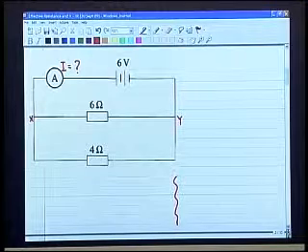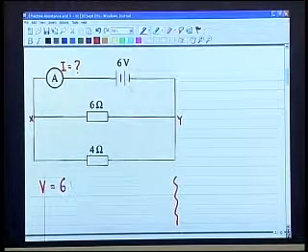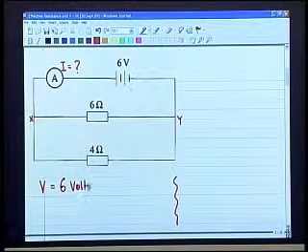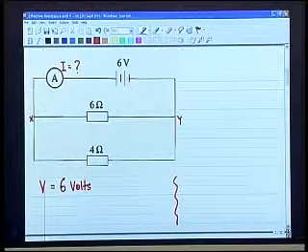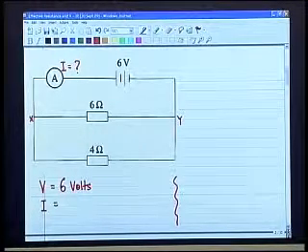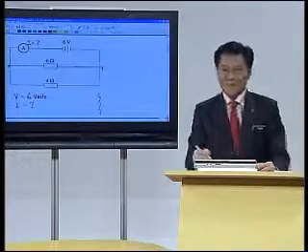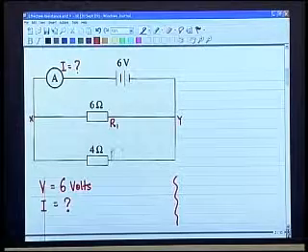So in other words, V equals 6 volts. I can put V for volts or write it in full. We have to calculate the current in the ammeter.